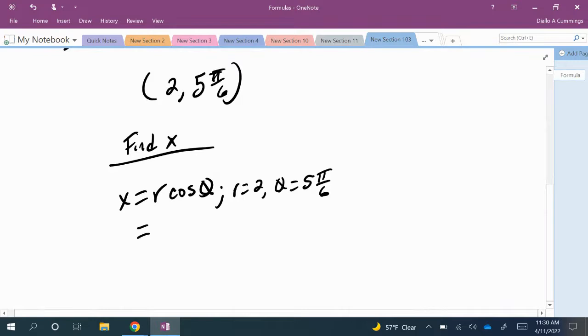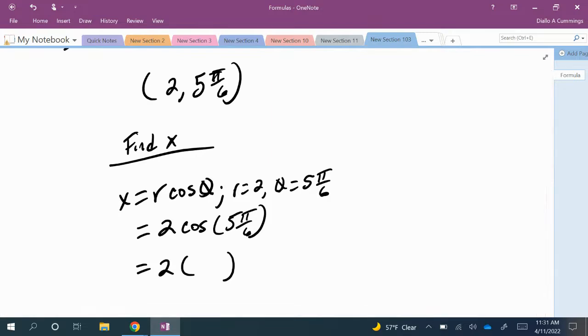So I'm just simply going to substitute r for 2, and theta for 5 pi over 6. I'm going to bring down 2, and next I'm going to find the value for the cosine of 5 pi over 6. There's a couple of ways we can find the cosine of 5 pi over 6.